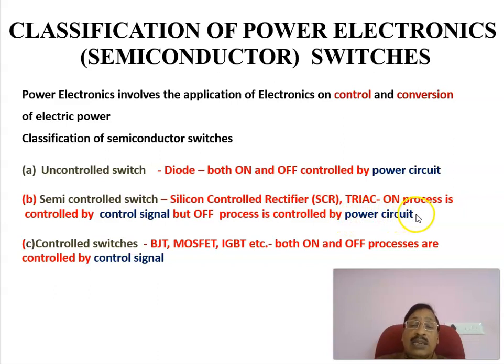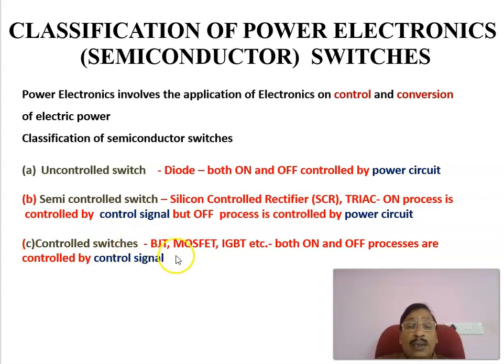You have to bring the current below a certain value, the holding current, which we will see later. If you bring the current below the holding current, the SCR gets switched off. Therefore, this is a semi-controlled switch in which switching on can be controlled, but switching off is controlled by the power circuit. And the third category is the controlled switch, in which both switching on as well as switching off are controlled.